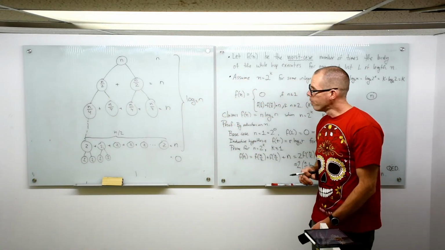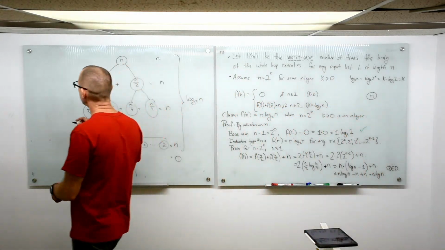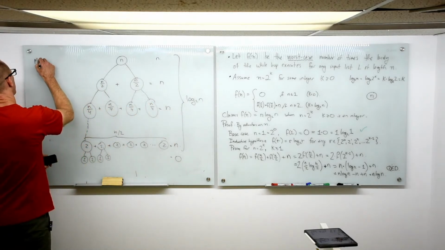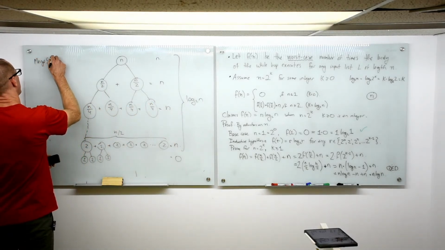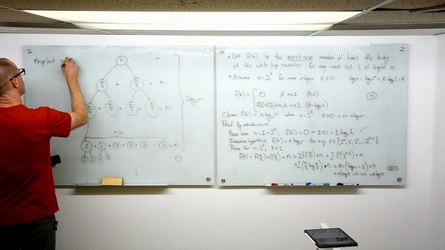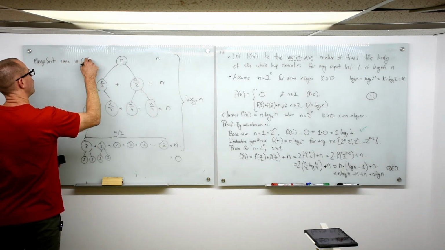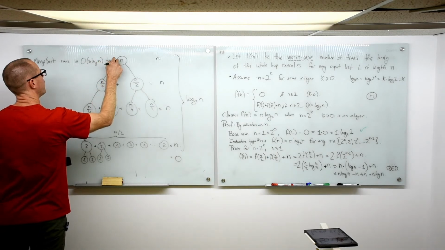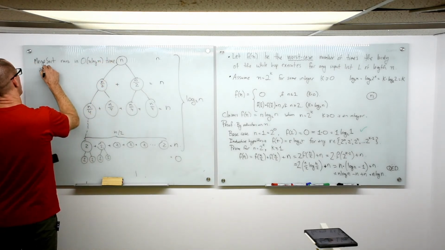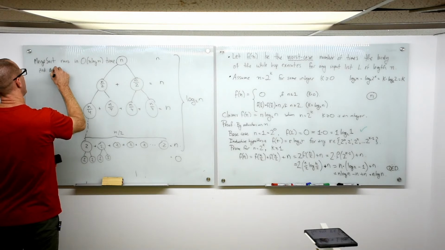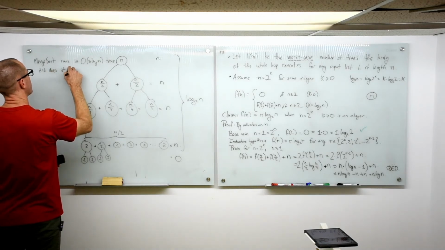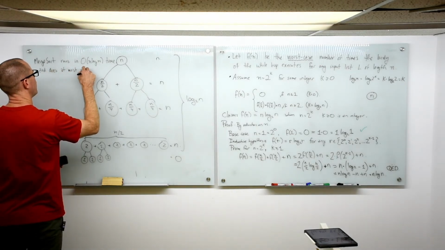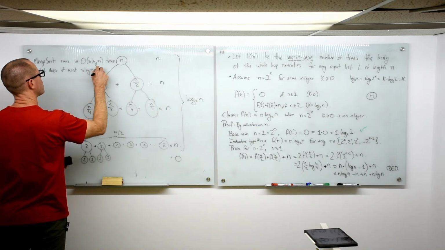So the whole point is that merge sort runs in O of n log n time. And it does, at most, n log n comparisons.